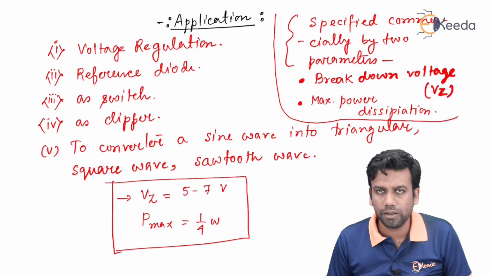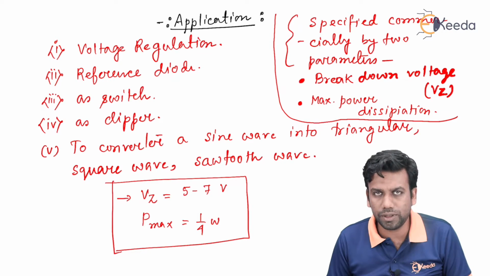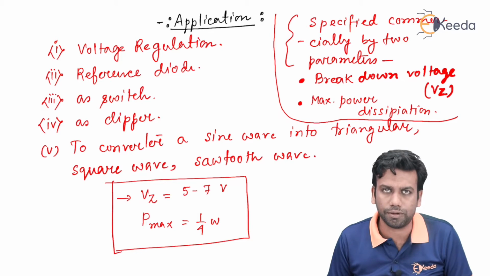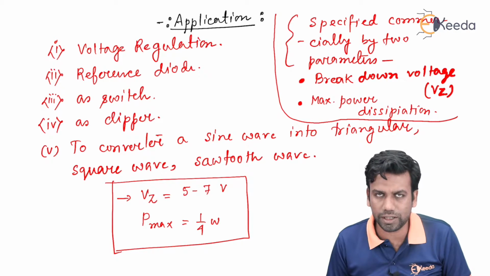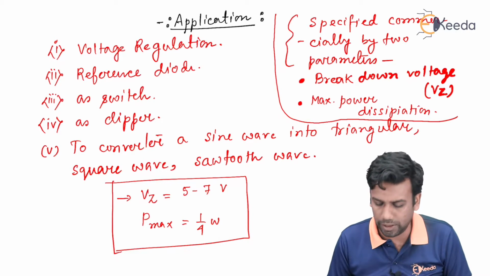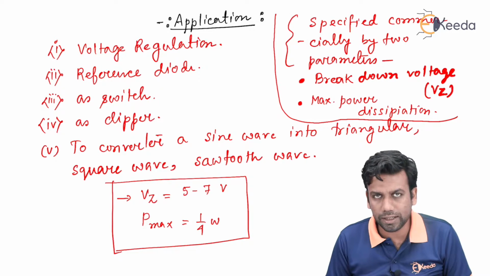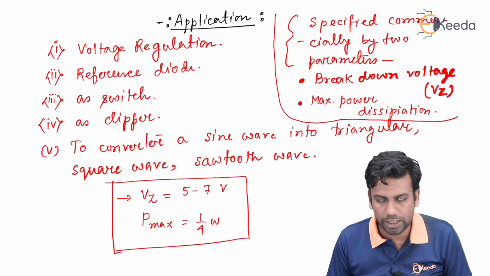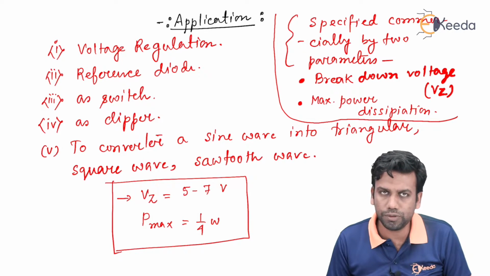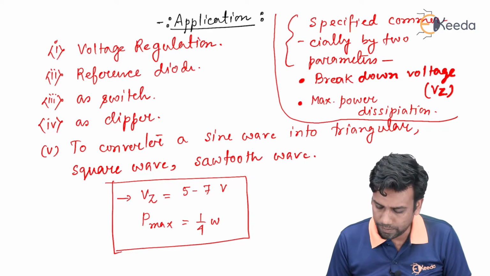That is why, only to work in the breakdown region, we generally use the Zener diode, and for the forward section, or the forward bias, we use the normal diode. But it does not mean that the Zener diode cannot operate in the forward bias. It can operate, but we do not use that application.